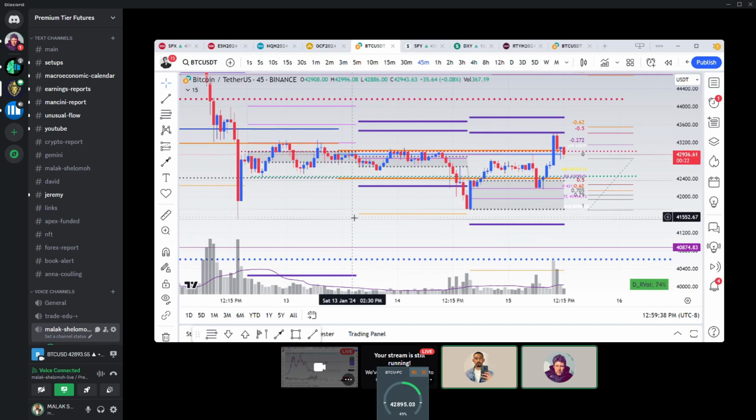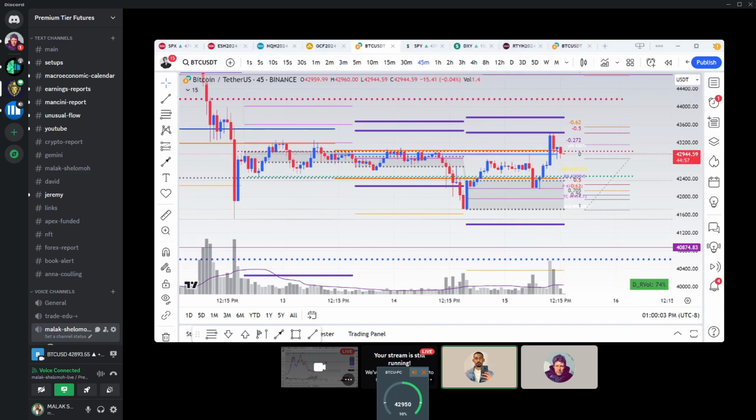Probably continuation, because if we're working off of the weekly chart, looking for an uptrend, then this could go a lot further, up to the 44 structure high, probably even beyond that.